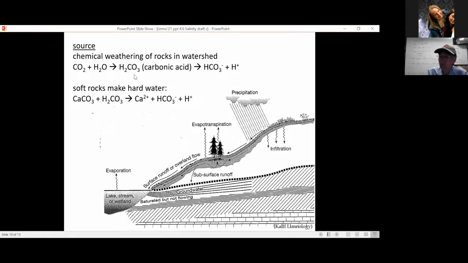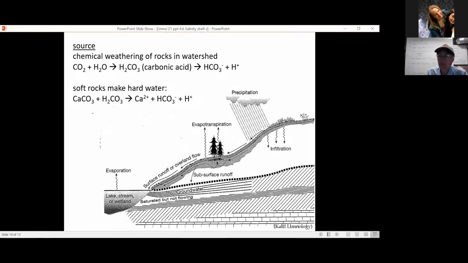Now, H2CO3 is the combination of CO2 and H2O. And H2CO3 dissociates. It tends to lose one of its extra hydrogen ions, one of these protons. It doesn't hold on to its protons very tightly. And because it releases protons into water, it is an acid.